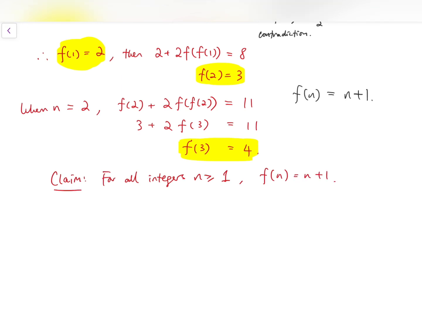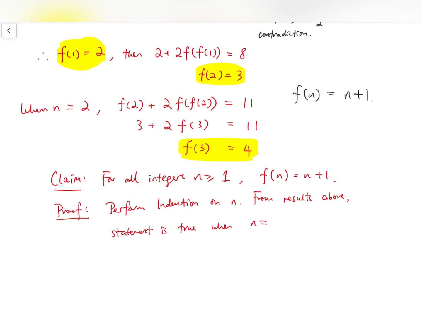And to prove this claim, we can perform induction on n. From the results above, we know that the statement is true when n equals 1, 2, and 3.